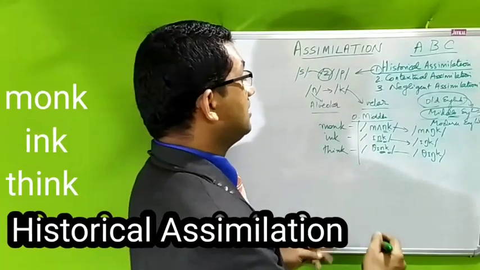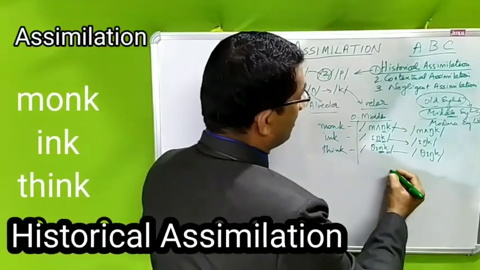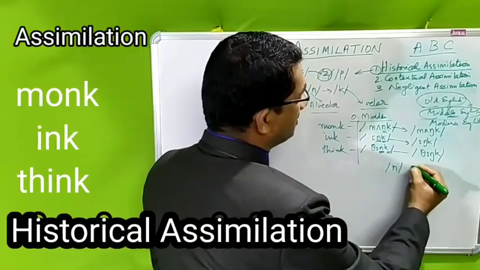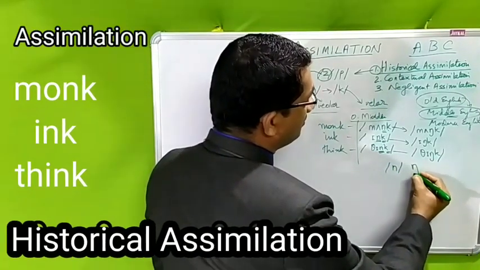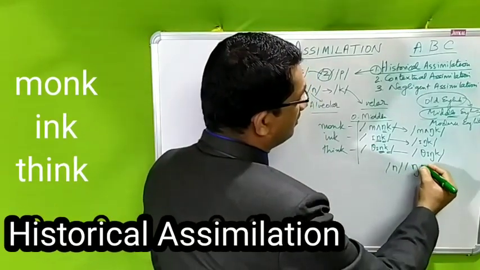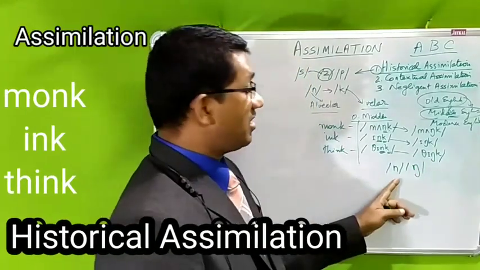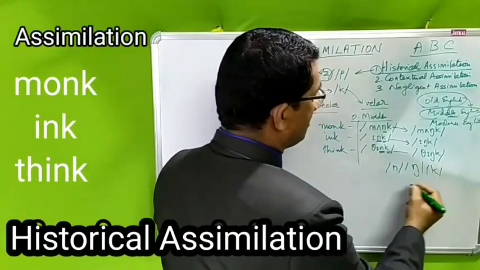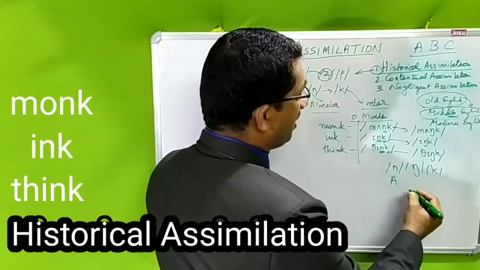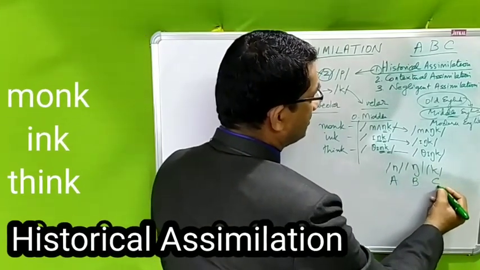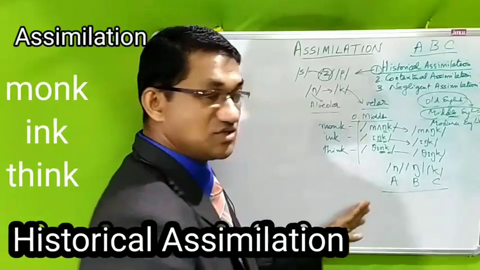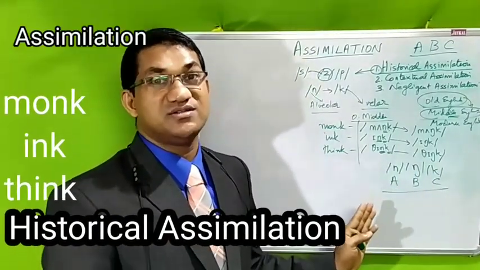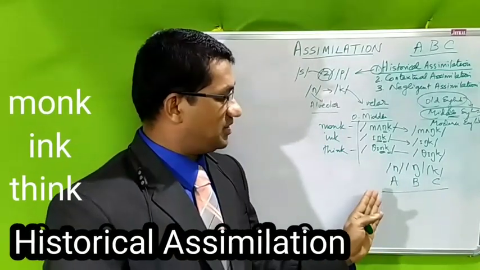What does it mean? It means that because of the difficulty, the alveolar n is replaced by the velar n because of the velar k. We can say that sound A is replaced by sound B under the influence of sound C, and this sound change is taking place over a period of time, and it is known as historical assimilation.